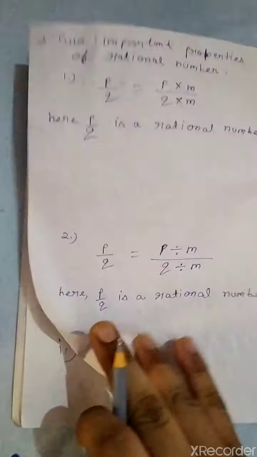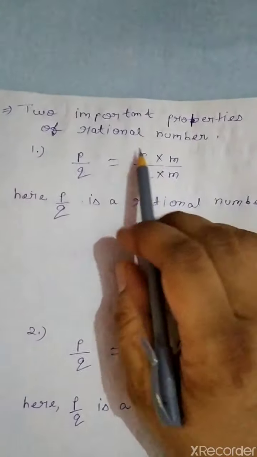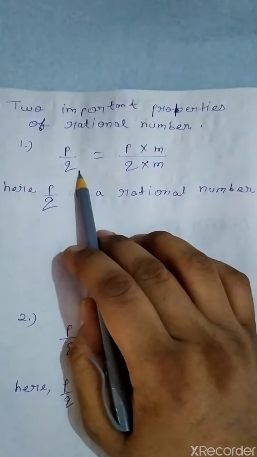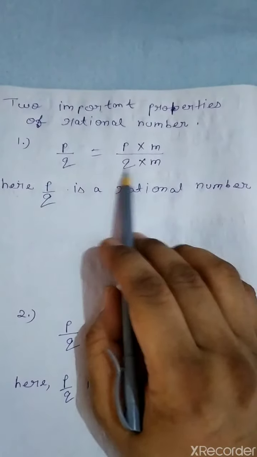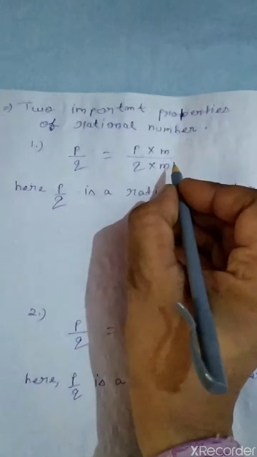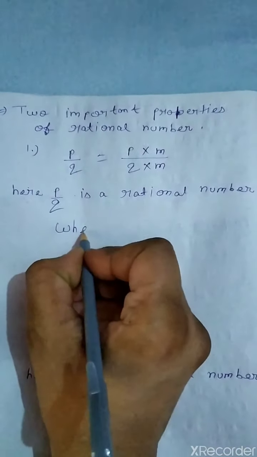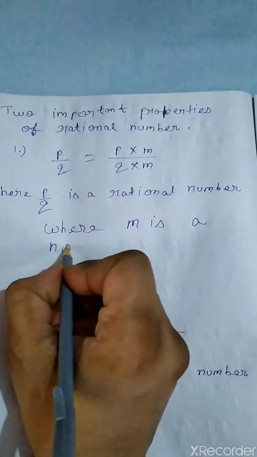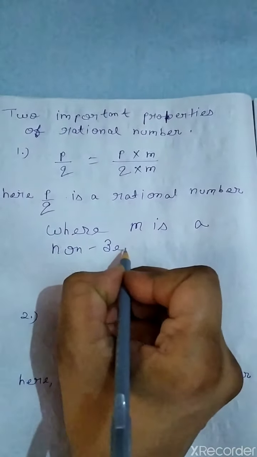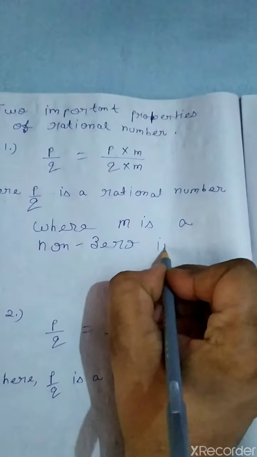Now see the two important properties of rational numbers. P by Q is a rational number, and P by Q can be written as P into M by Q into M, where M is a non-zero integer.